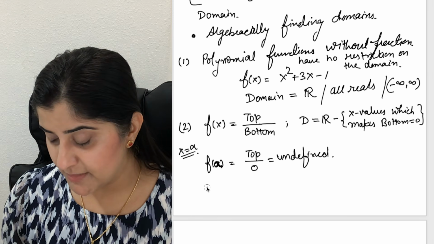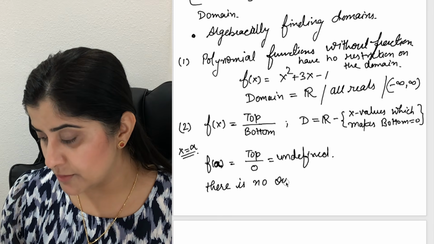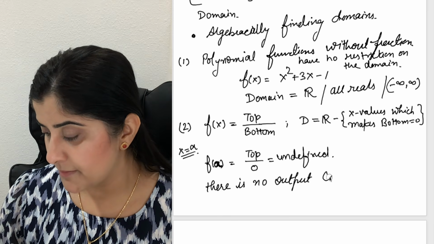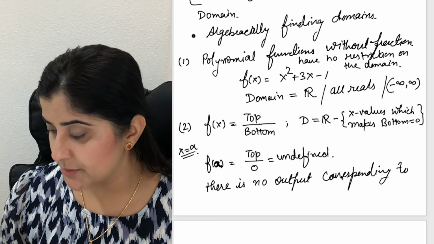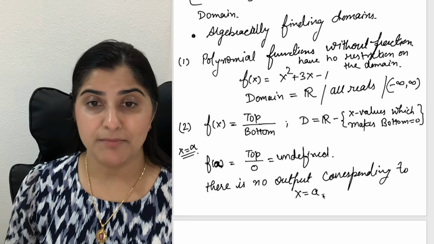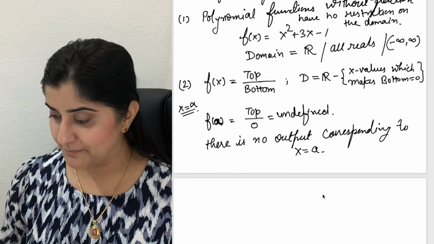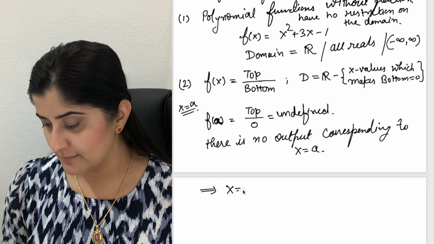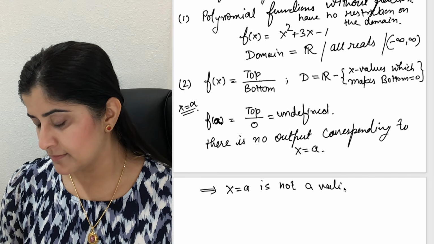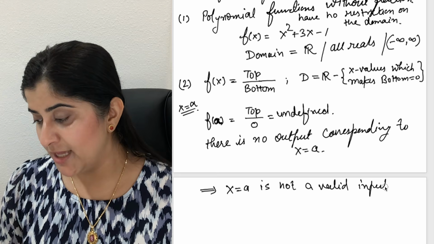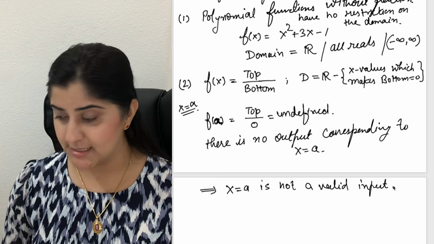So there is no output corresponding to x is equal to a. So that means x is equal to a is not a valid input. So we can exclude it from our domain set.